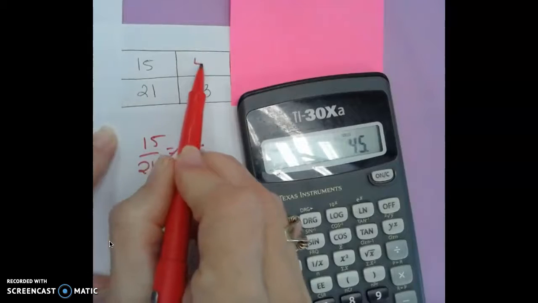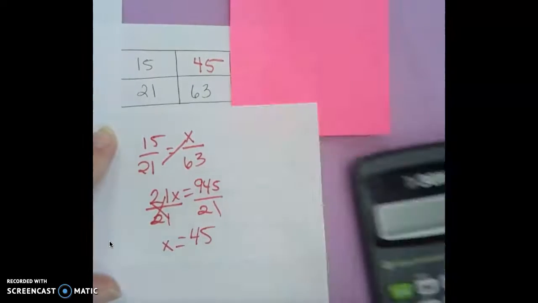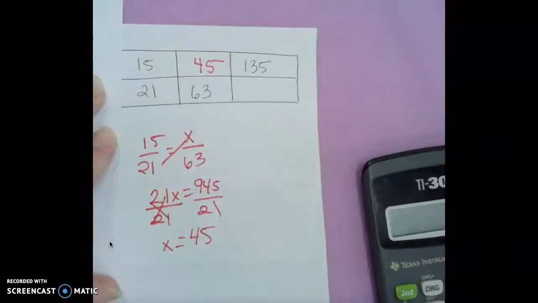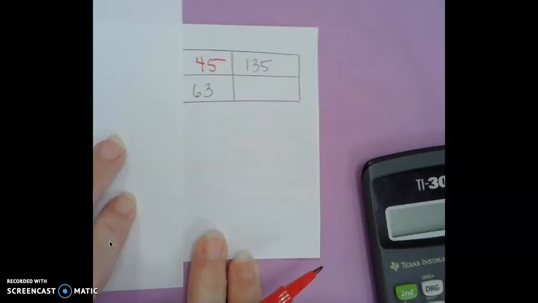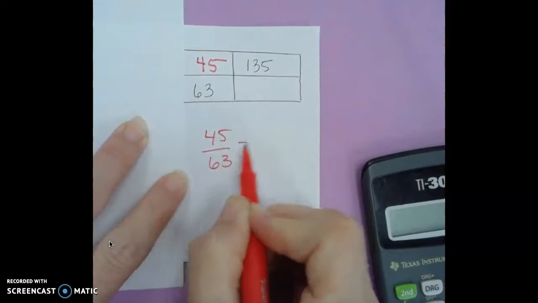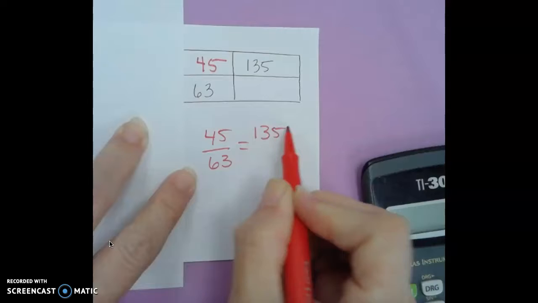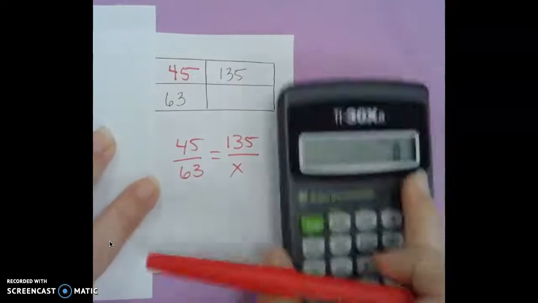So if I put a 45 here, then I can slide over and solve that last section. So then I can slide over here and do 45 over 63 equals 135, and I'm just going to put an X in that position because I don't know right now what that is.